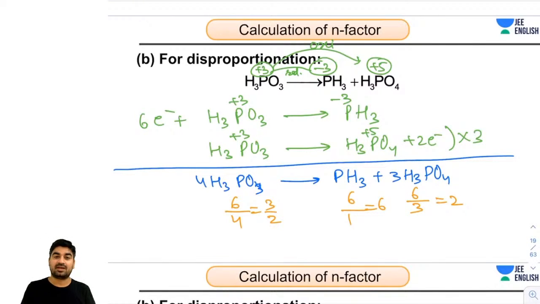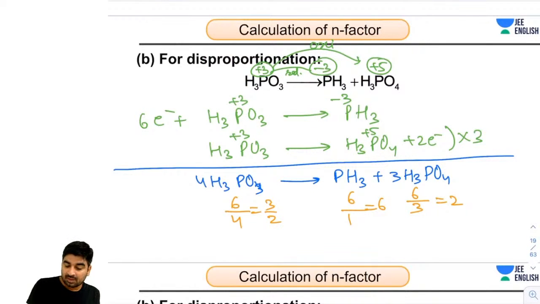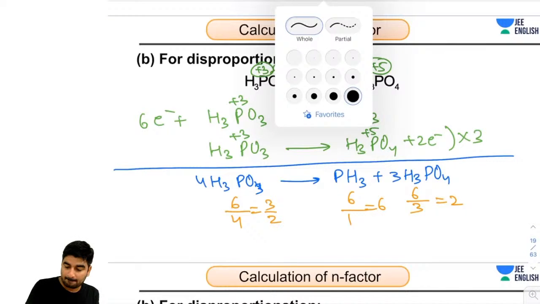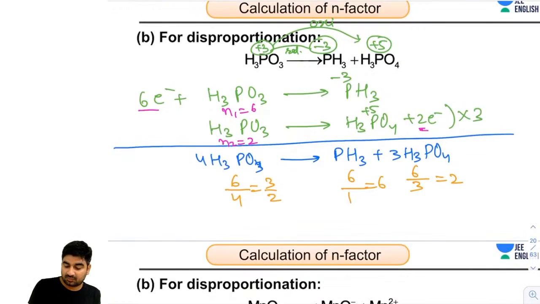Now I can solve it by another approach. Yes, let's use that approach. Here 6 electrons are changing, so N1 is 6. Here 2 electrons are changing, so N2 is 2. So if you want to calculate N effective, it will be N1 N2 over N1 plus N2.